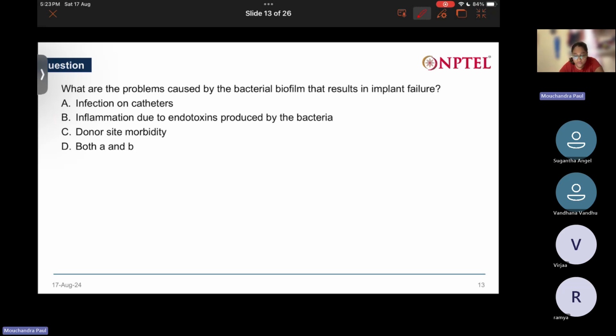What are the problems caused by bacterial biofilm that results in implant failure? So when the biofilm is formed, what happens? It is very difficult to now target these bacterial cells with antibiotics. The cells are tightly adhered and protected by a gelatinous film.